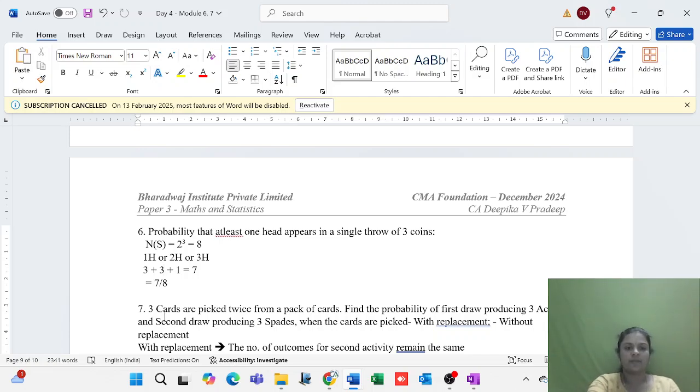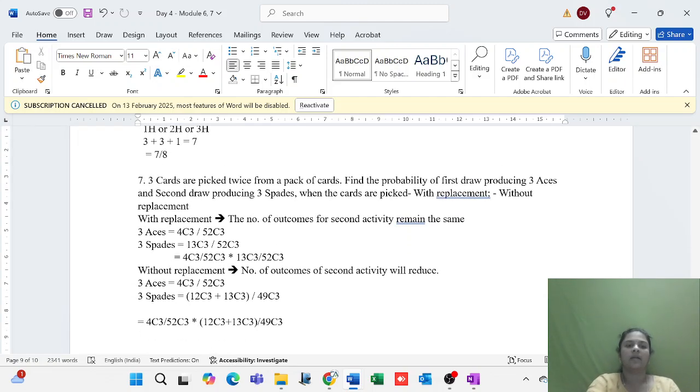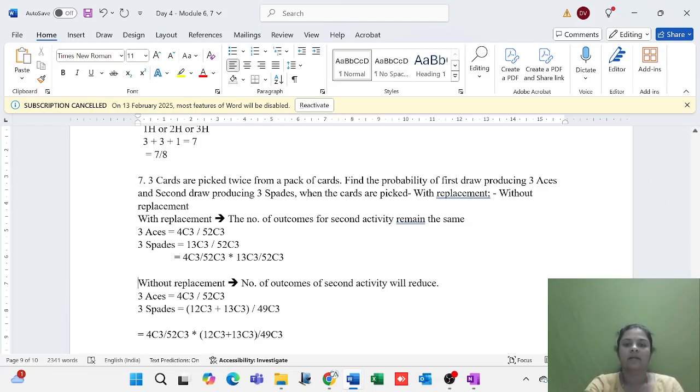The next question is on the with and without replacement rule. 3 cards are picked from a pack of cards twice. Find the probability of the first draw producing aces. Aces means I have 4 aces, so I need to get 3 aces out of it.